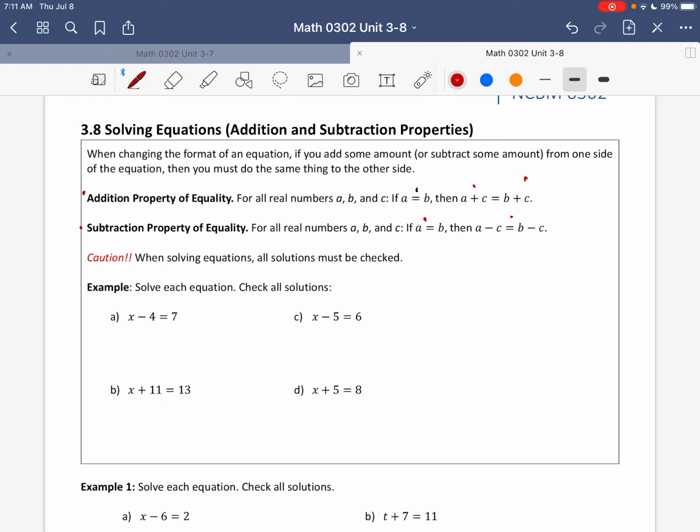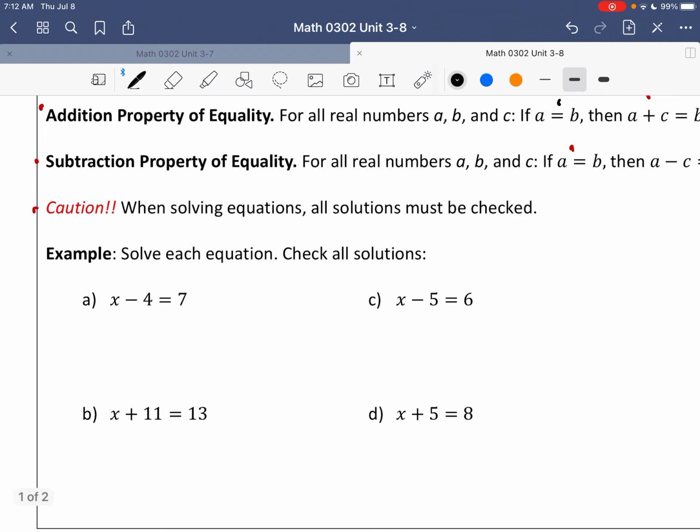So again, solving equations means that for now, we're going to be looking for the number or numbers x that truly are solutions to the equation. And every time we solve equations, we need to check that the solutions are correct. So let's take a look at the example.